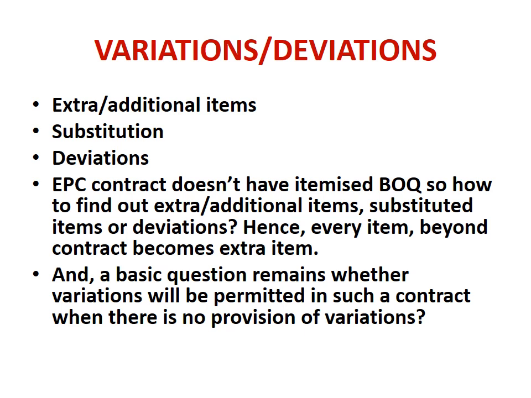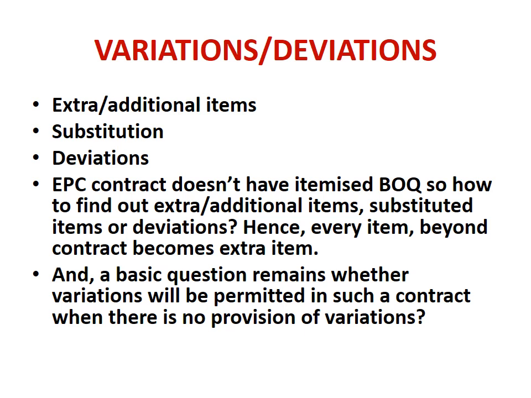Now let us talk first about the variations or deviations. Sometimes it is called deviation, sometimes it is called variation, but both are the same. Now it may include extra or additional items, and then it may have substituted items and deviations in the quantity.